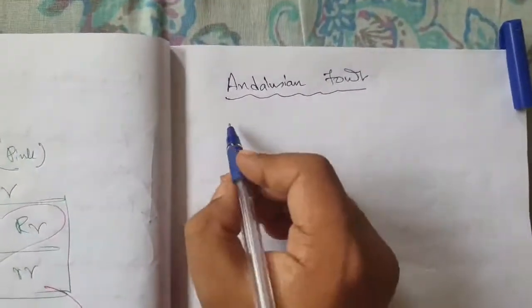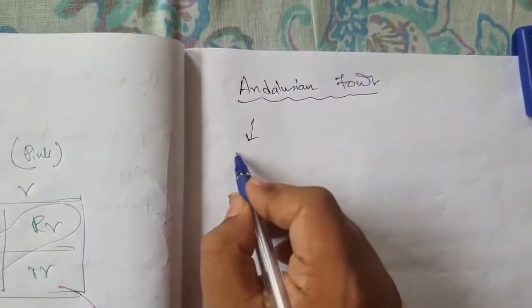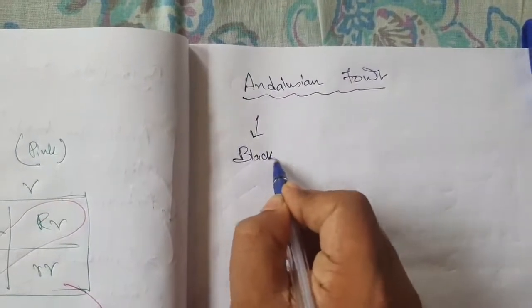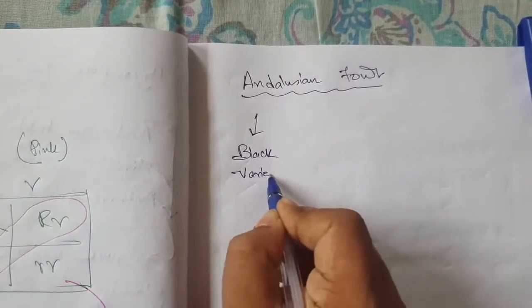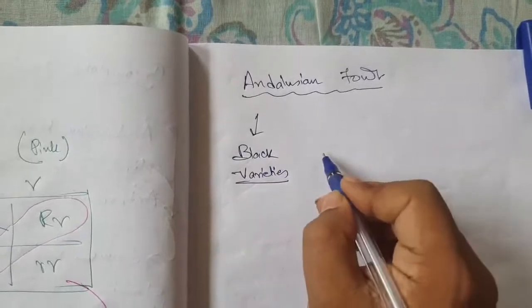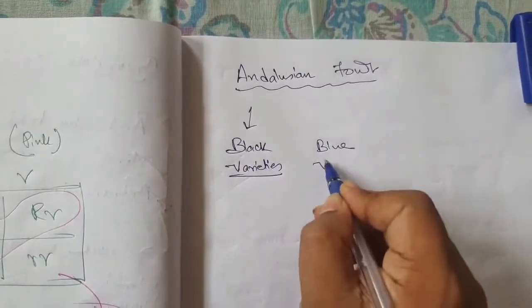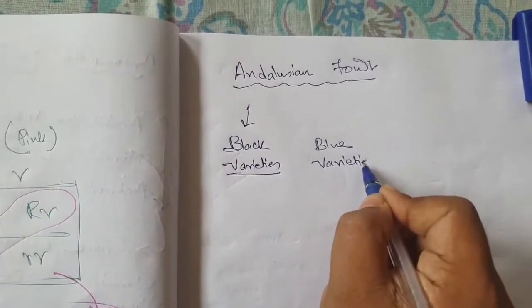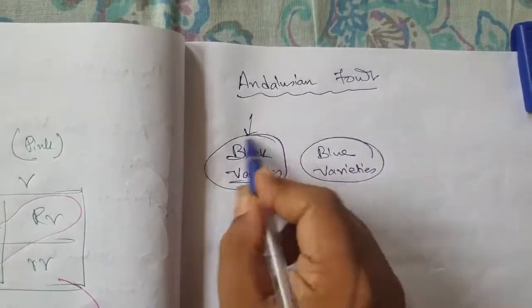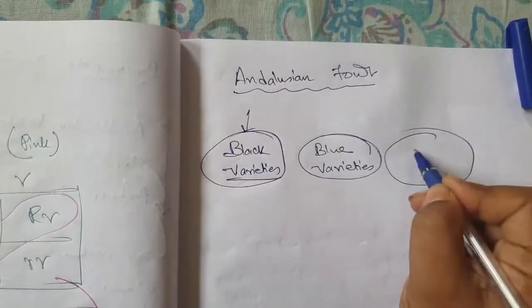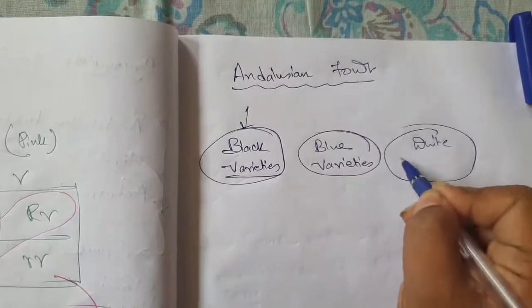Okay. Now talking about the Andalusian fowl, there are black varieties, blue varieties, and white varieties.